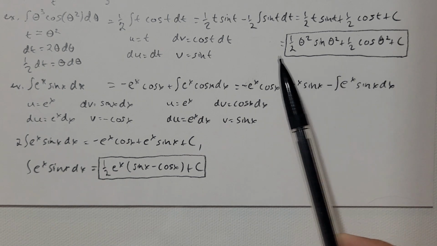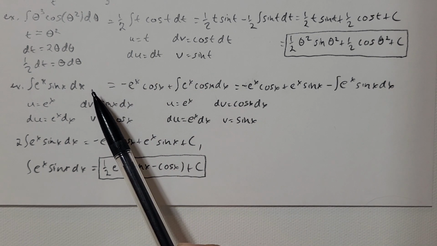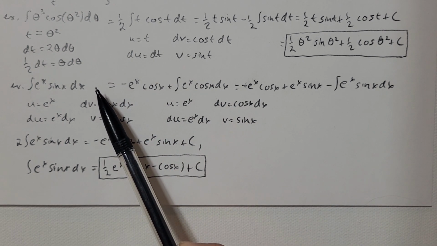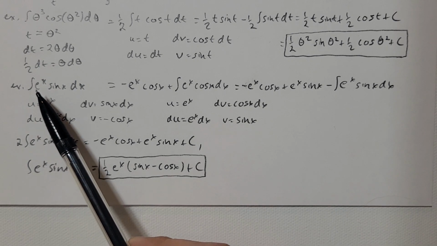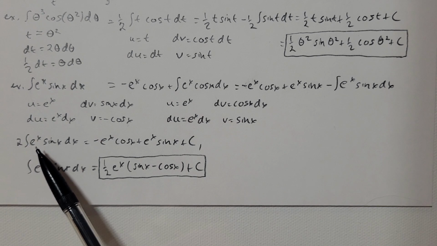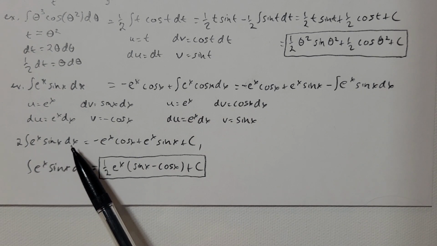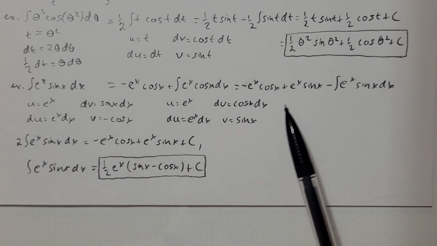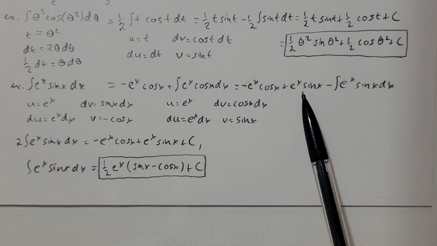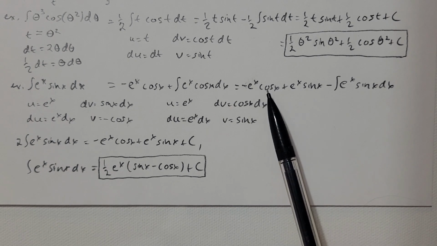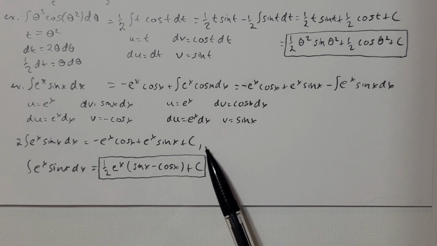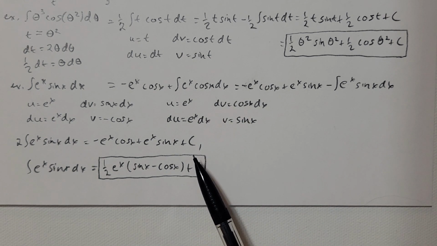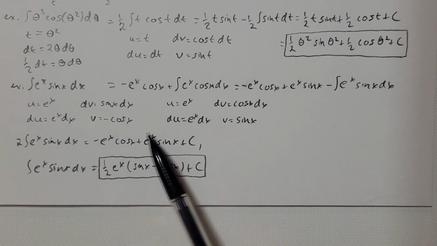So if I add the integral for e to the x sine x dx, then I've got two of these integrals. So I'm going to have 2 times the integral for e to the x sine x dx equals the rest of this, negative e to the x cosine x plus e to the x sine x, and then plus a constant. I'm calling this C1 just because this is not my answer.